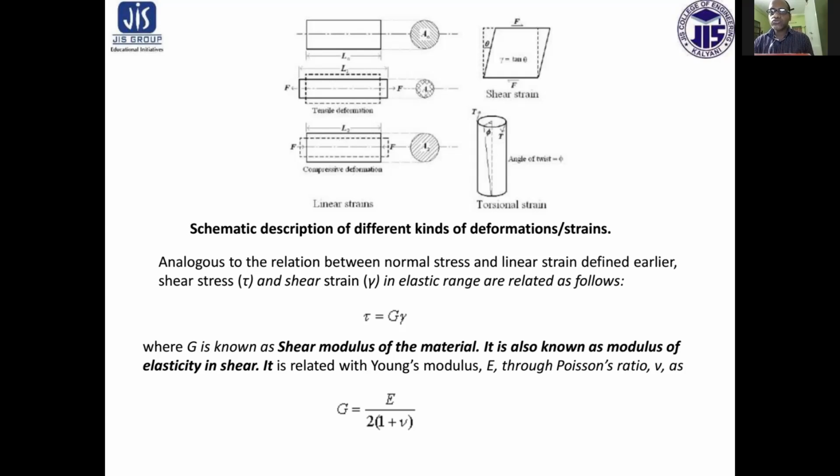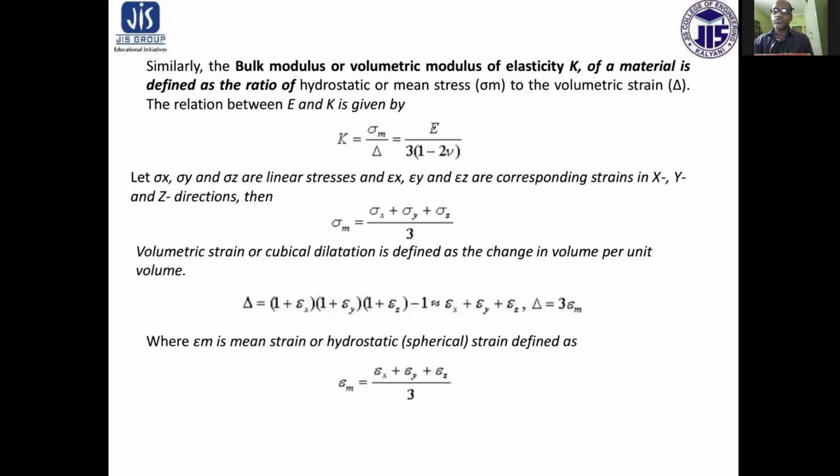It is also known as the modulus of elasticity in shear. It is related to the Young modulus E through Poisson's ratio nu as G, the shear modulus, equal to E by 2 times 1 plus nu, where nu is Poisson's ratio.